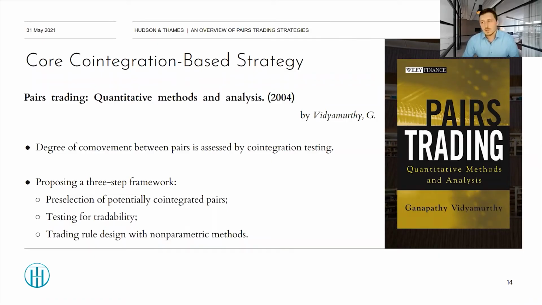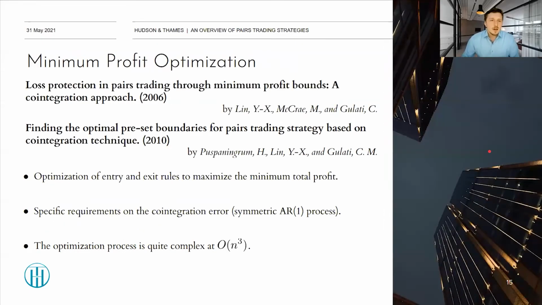It's also interesting to note here that even though it's under the Cointegration approach per se, the original strategy didn't in particular require Cointegration testing, and instead opted for a strong mean reverting property, which is rather interesting.